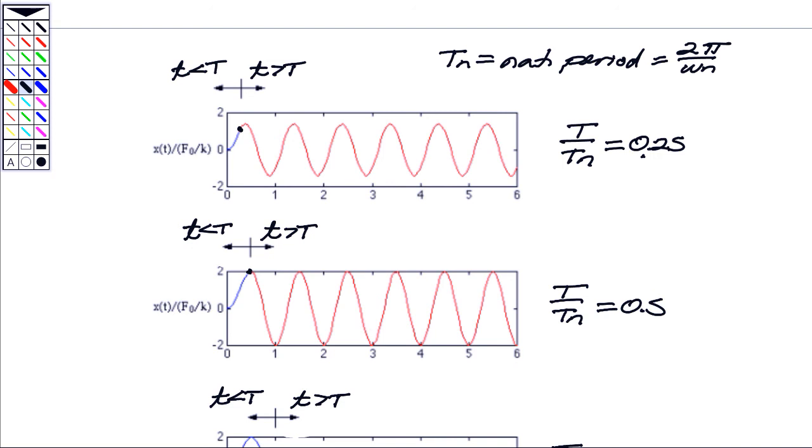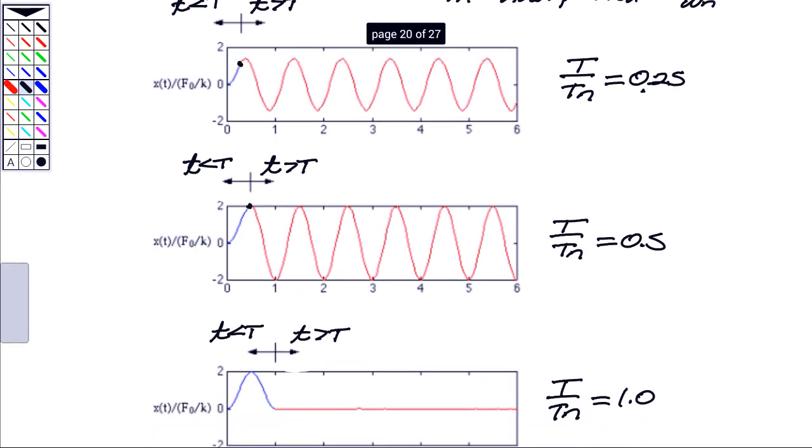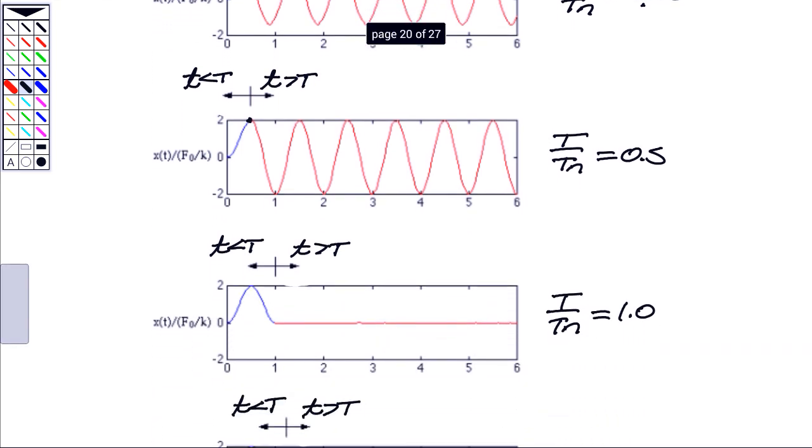It's reached its maximum value there of 2. Whenever the duration of the pulse and the natural period of response are one and the same, it reaches one full oscillation. It reaches a point where x and x dot are both 0. The force is turned off. It stays at rest from there on.